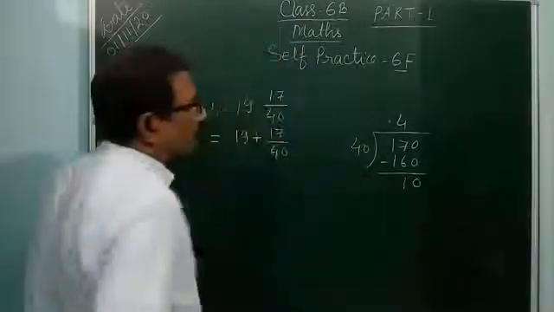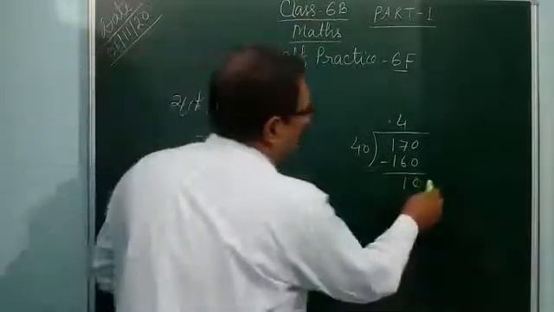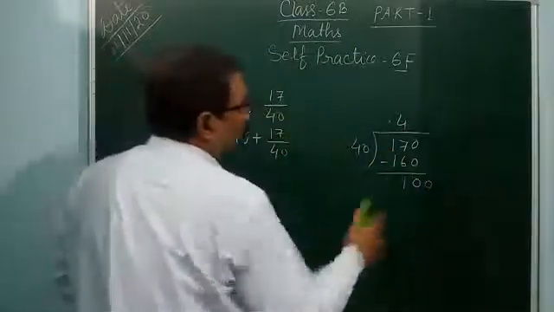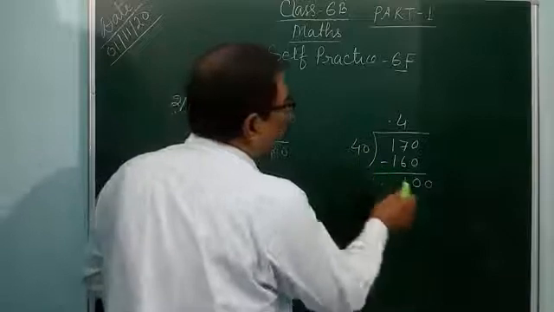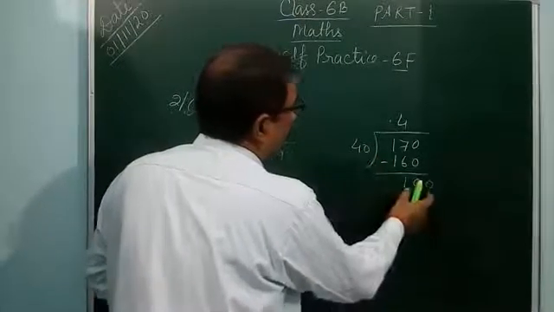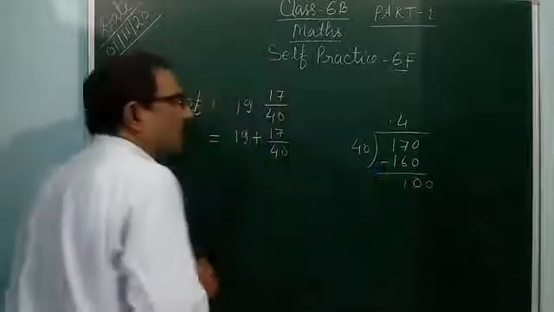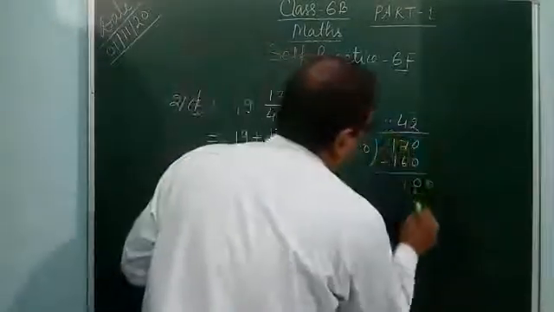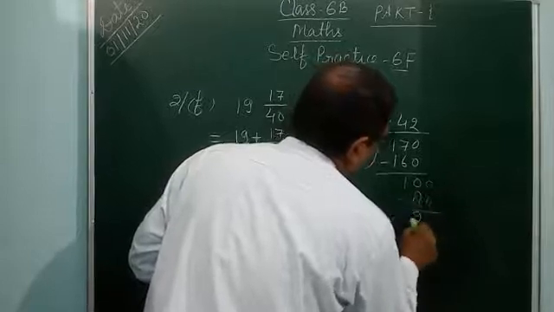Now it is 10. You add one 0 because you have put the decimal one time. So it is 100. 100 divided by 40. 40 twos are 80. 20 remaining.